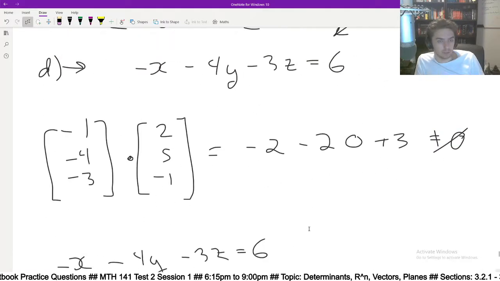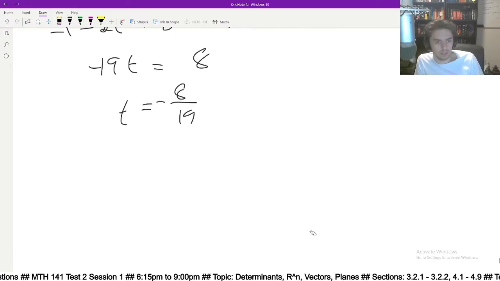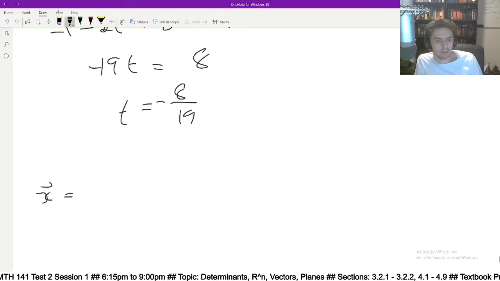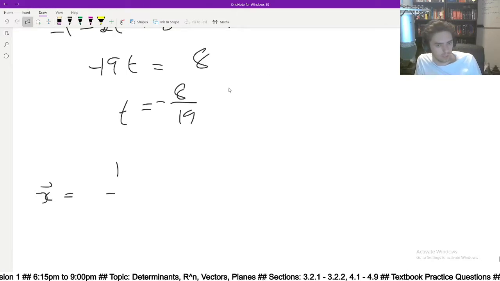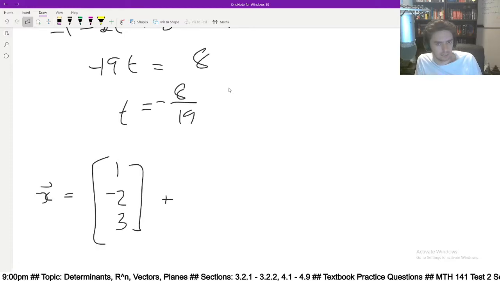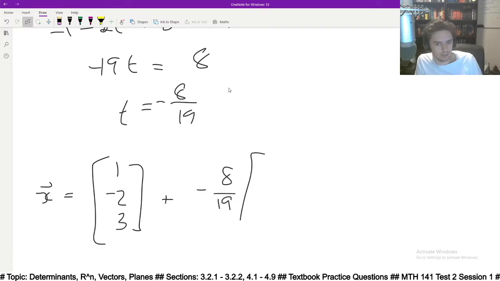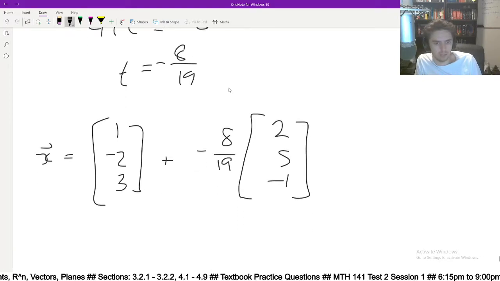I'm going to assume you can just plug that into here. So let's take our line again: (1, -2, 3) plus t, which is negative 8 over 19, times (2, 5, -1).